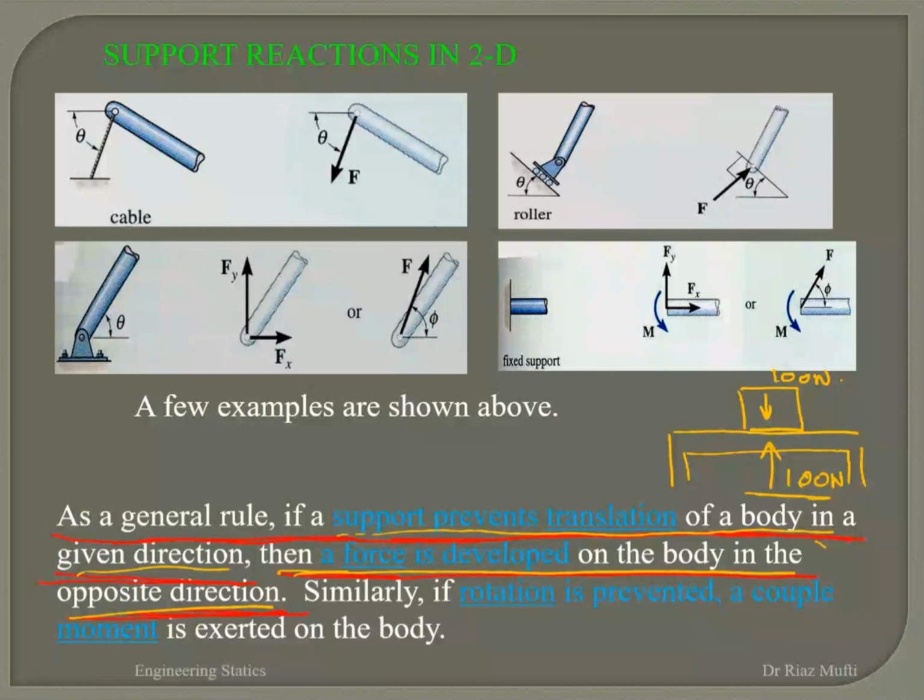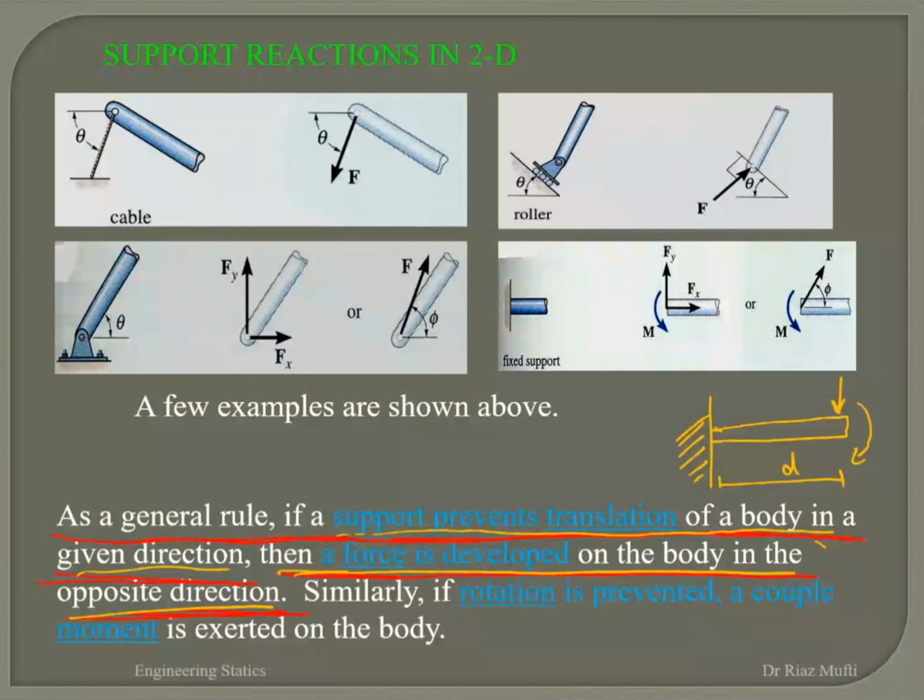So if the support prevents linear movement in any direction, then there will be an opposite reaction force acting on the body from the support. Similarly, if I have a rod coming out of a wall, and I'm applying a force here, and there's a distance d here, then I am creating a moment in this direction.